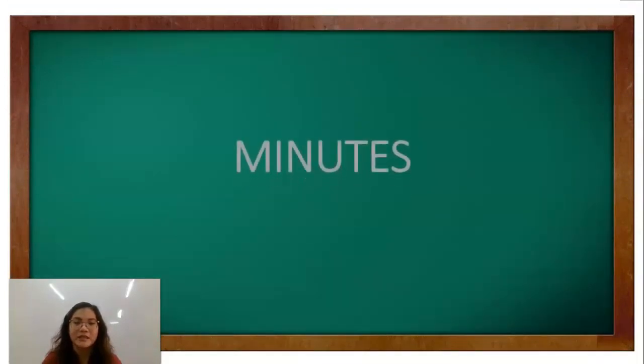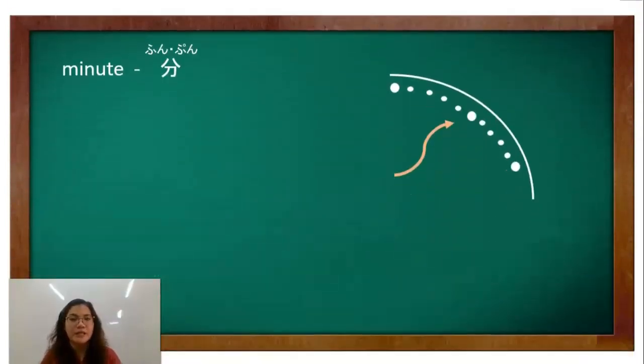Next is how to say minutes in Japanese. Minutes is quite confusing because it also has special readings. Some minutes in Japanese are read as fun or pun, so there are two ways to say it.